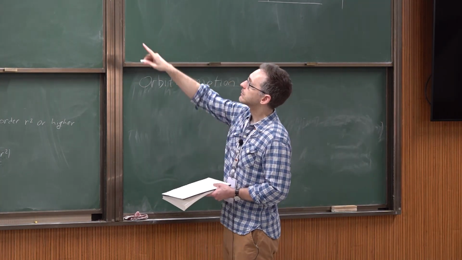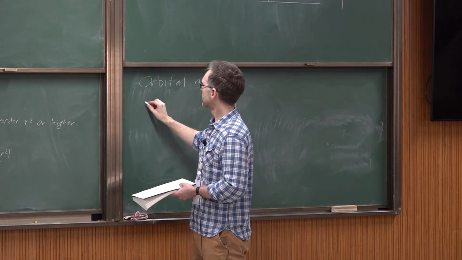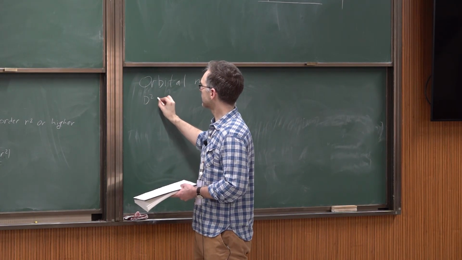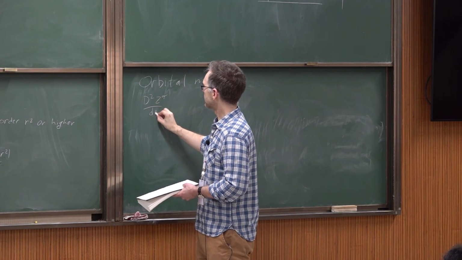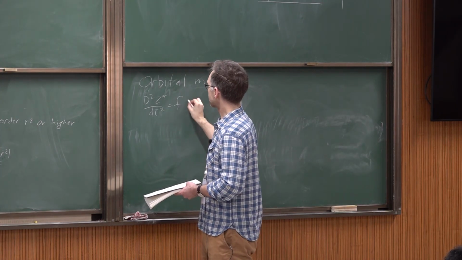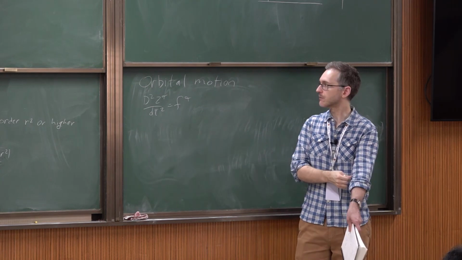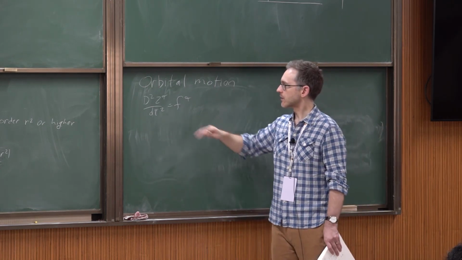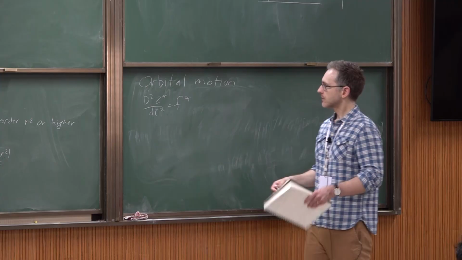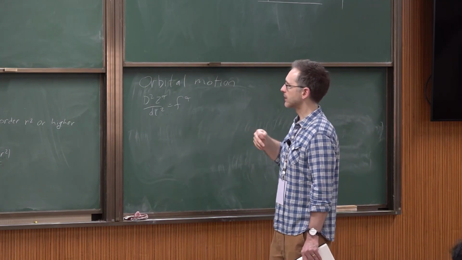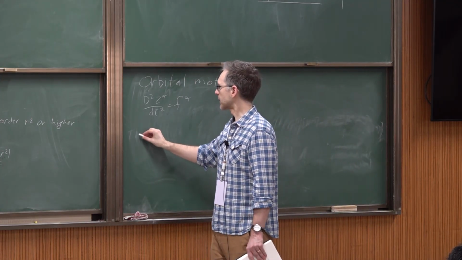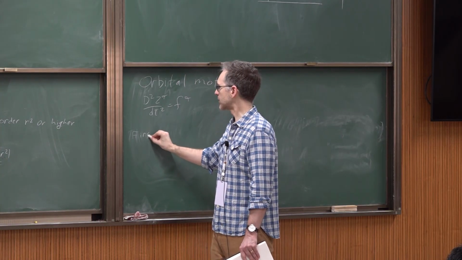So we want to solve that equation. We want to solve d squared z alpha d tau squared equal to some small force, some small force per unit mass. This is what we want to solve, but in order to solve it in an effective way, I'm going to say first, let's look at geodesics.